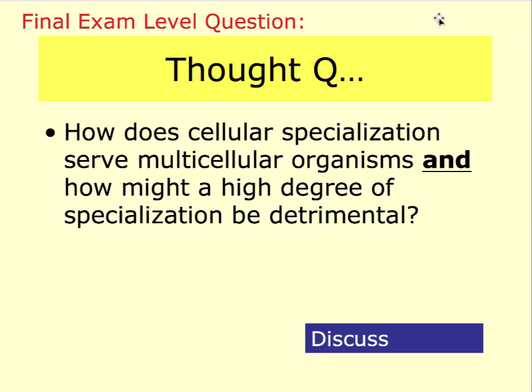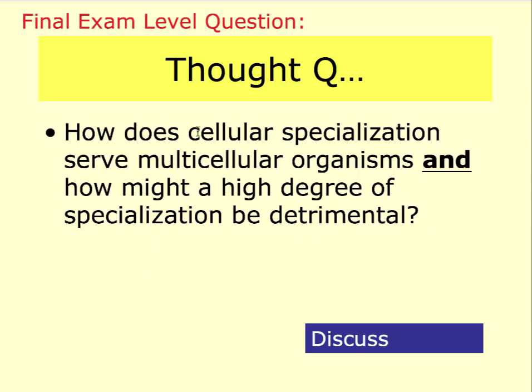This is a higher level exam question where the student will be required to assimilate information from various chapters in order to understand and answer these questions. So the question says, how does cellular specialization serve multicellular organisms, and how might a high degree of specialization be detrimental?